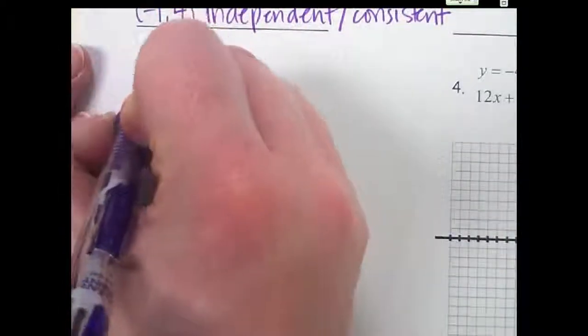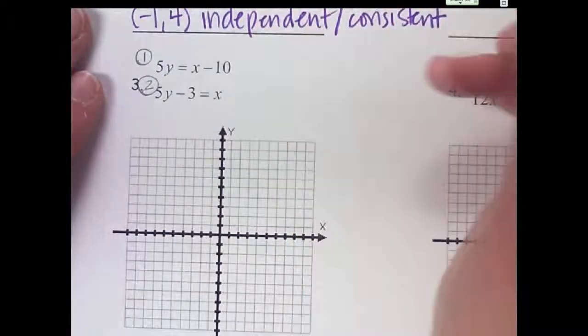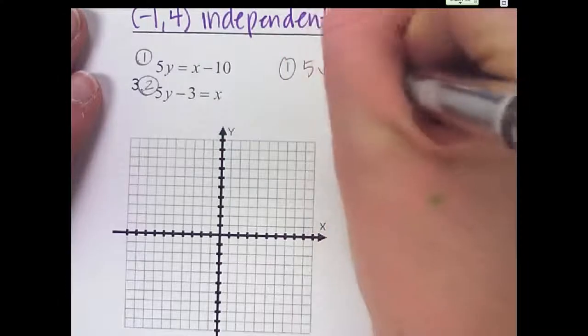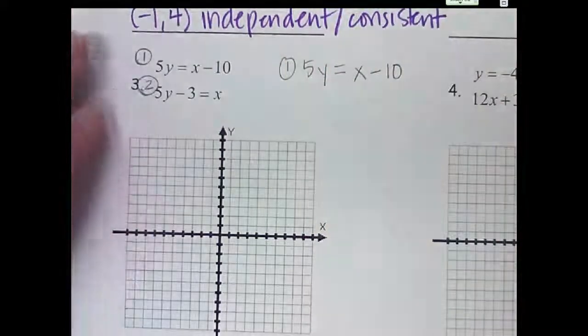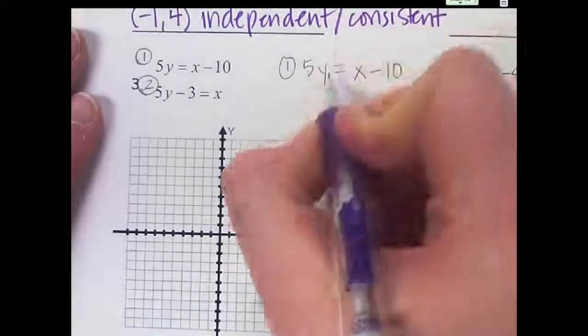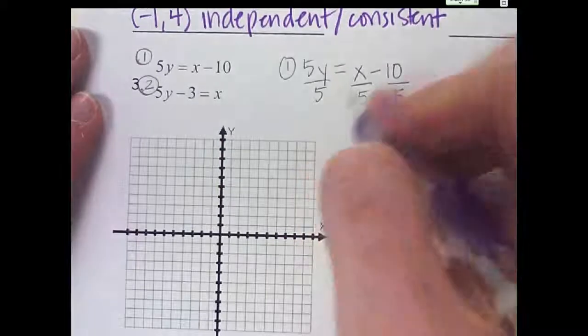Okay, so number 3. Equation 1, equation 2. So I'm on number 3, I skipped number 2. And this is a good one because some of you, we had this on either a quiz or a test where you had an x over here, and when you divide, some of you were confused by what that slope was.